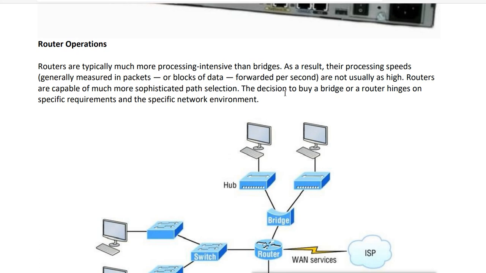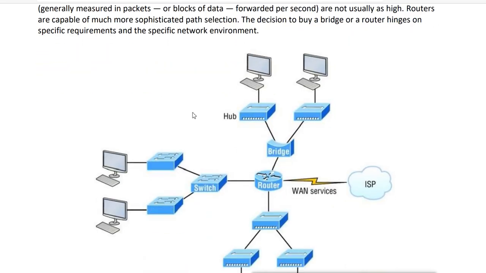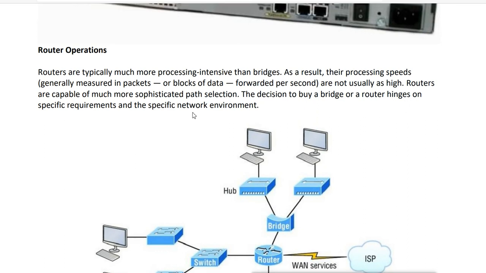Routers are capable of much more sophisticated path selection. The decision to buy a bridge or a router hinges on specific requirements and the specific network environment. So basically the router decides the route. It chooses the path from one segment of network to another segment of network.